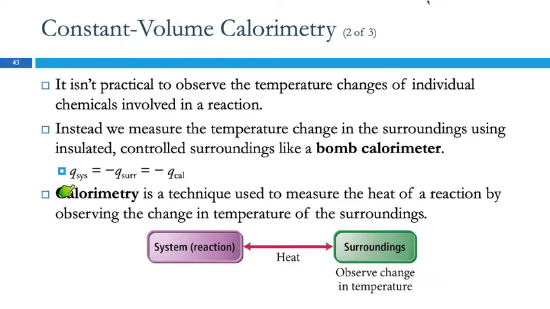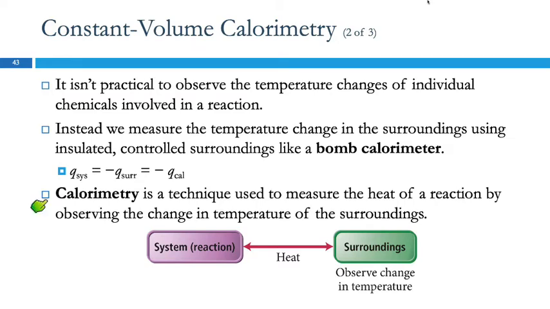So here, Q for the system is equal to negative Q for the surroundings, and the surroundings is the calorimeter. So Q system is equal to negative Q of the calorimeter. The heat lost by the system is gained by the calorimeter.